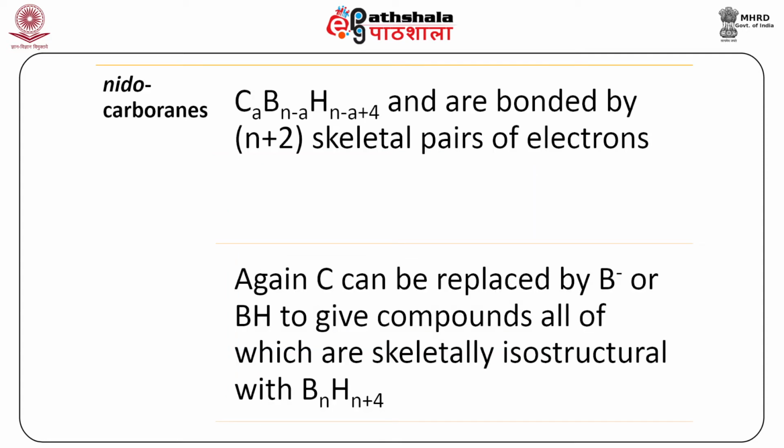The nidocarboranes have the general formula CaBn-aHn-a+4 and are bonded by n+2 skeletal pairs of electrons. Again, carbon can be replaced by B- or BH to give compounds, all of which are skeletally isostructural with BnHn+4.